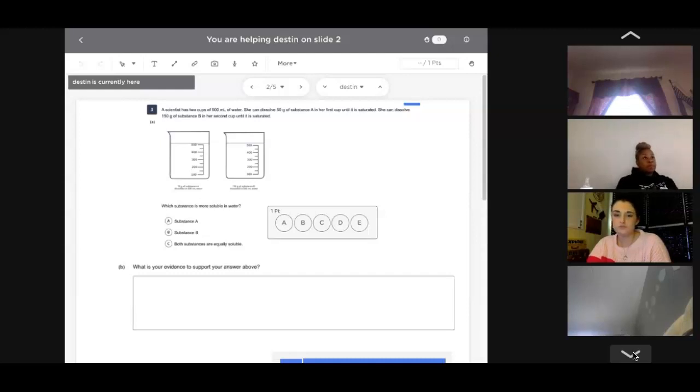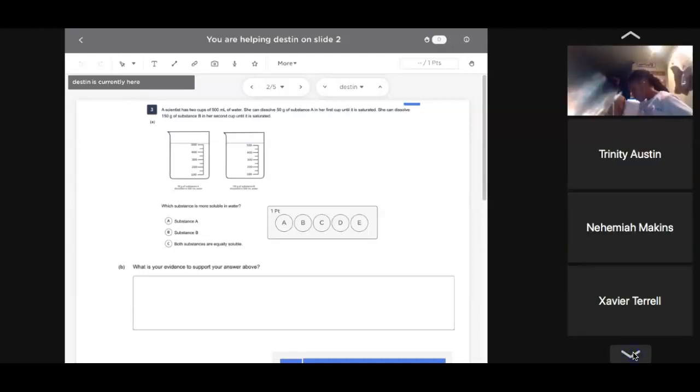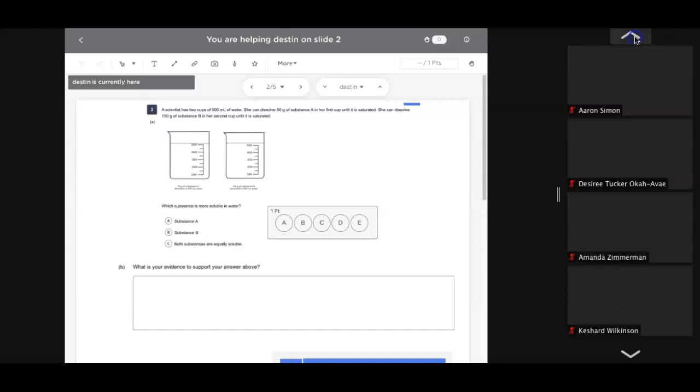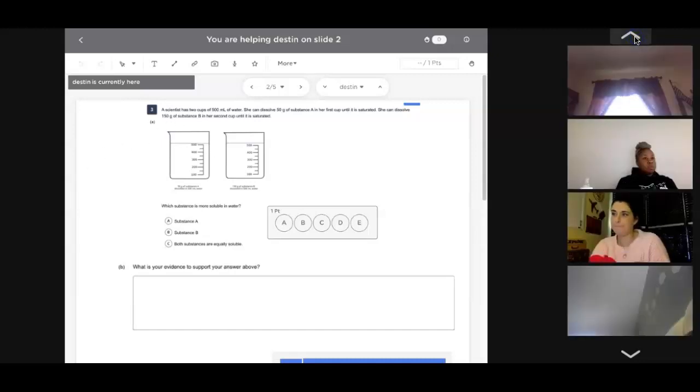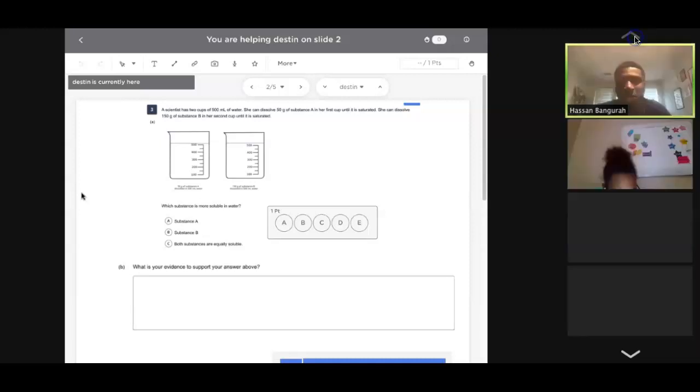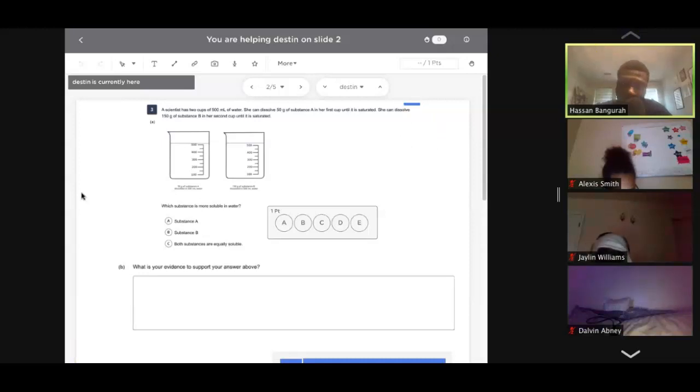She dissolves 150 grams of substance B in her second cup until it is saturated. And then what's our question asking us? Which substance is more soluble?